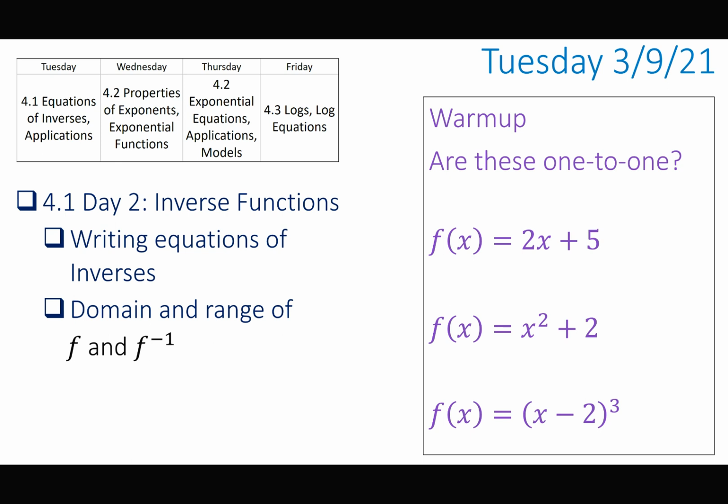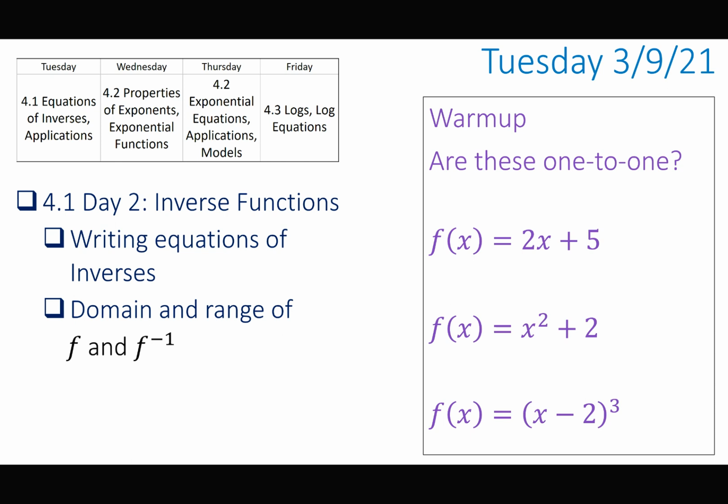So on the right here in this box, 2x plus 5. Is that one-to-one? And specifically, there was an extra piece that we talked about. Yes, it is one-to-one. And how do we know, just based on the function, that it is one-to-one? Remember what I said about increasing or decreasing functions?